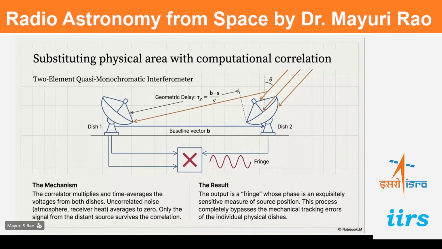Maybe the size of the dish itself is like 20 meters across. This is possible, but there's only so big you can make a large radio dish. Because once you make the dish larger and larger, first of all, mechanically it is very difficult to make such a dish. Then there are other problems of how do you steer the dish? How do you make it look in one direction versus another? So practically, there's a challenge.